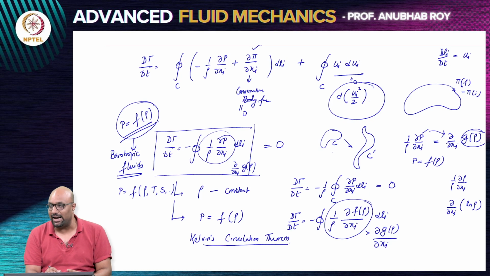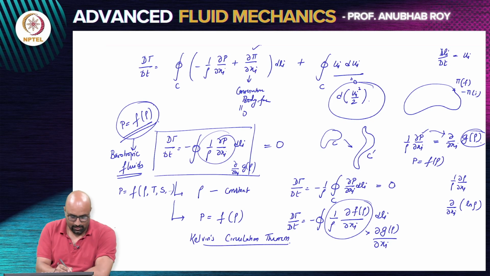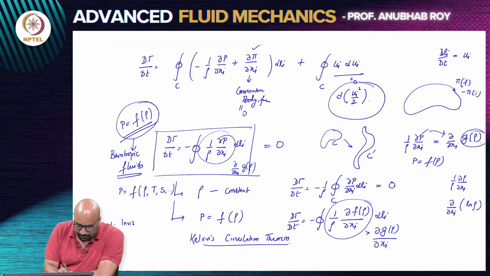This is a very key idea. This is an important idea, that if your fluid is within the assumption of it being inviscid, there are no non-conservative forces acting on the system, and the system is also barotropic. So, inviscid, conservative body forces and barotropic fluid.